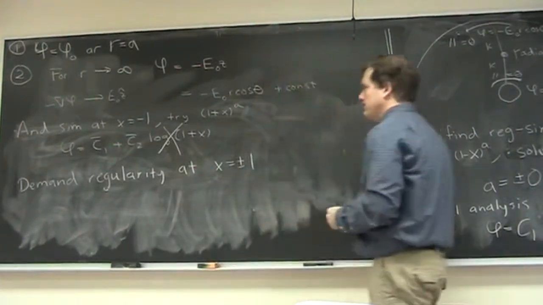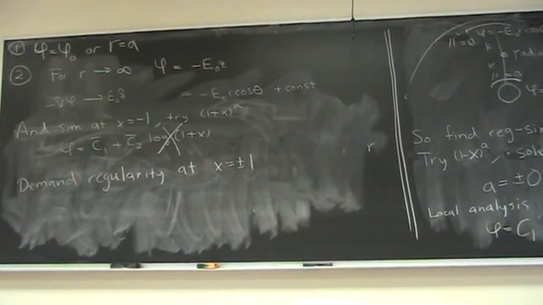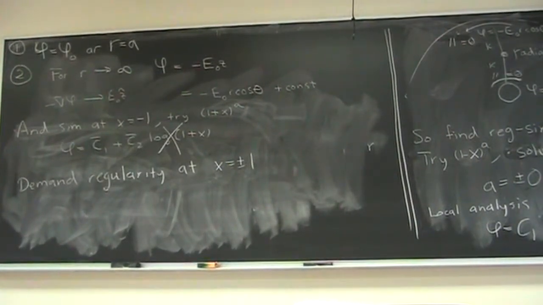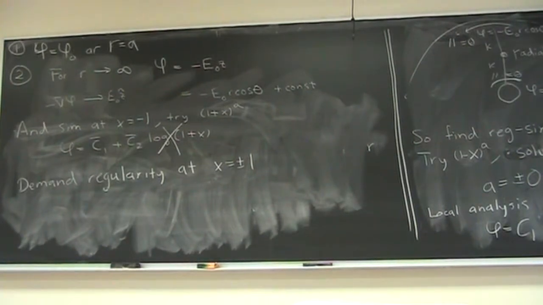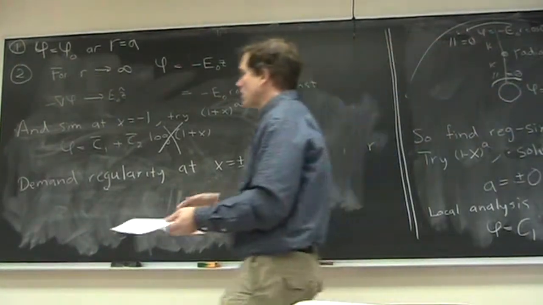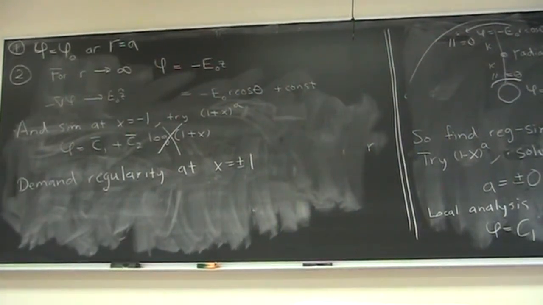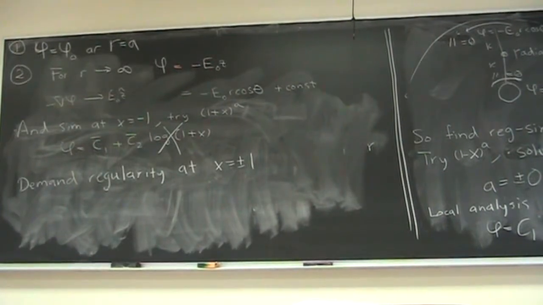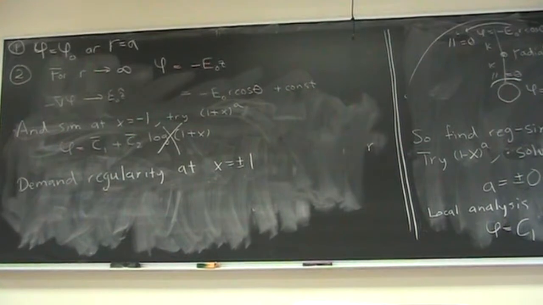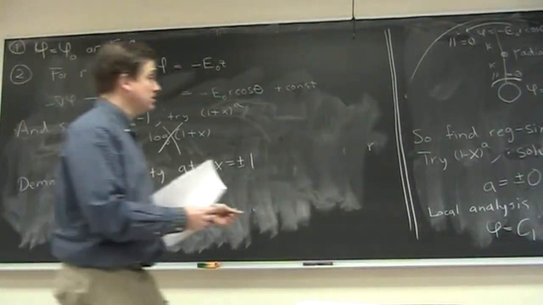And so now I'm going to have two boundary conditions, one of which says that it's regular at the top of the sphere, and one of which says that it's regular at the bottom of the sphere. If I multiply the solution by a constant, I still have a regular solution. So the boundary conditions themselves are homogeneous, in the sense that if I multiply the solution by a constant, I don't change the boundary conditions.